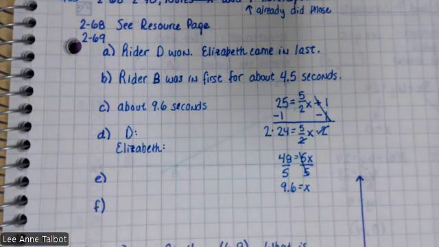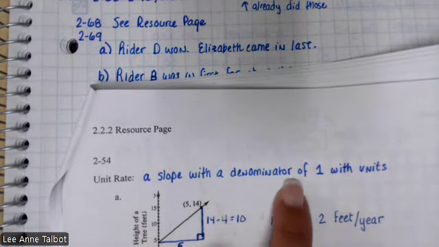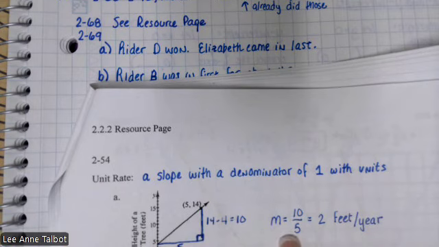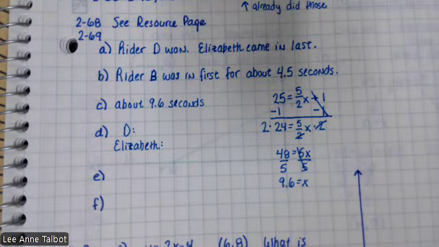Okay, next question, D. What are rider D and Elizabeth's unit rate? Okay, so what is unit rate? Let me scroll back in the packet and read it to you. Unit rate is a slope with a denominator of 1 with units. So what we do is we just take the slope and actually divide it and make a decimal.